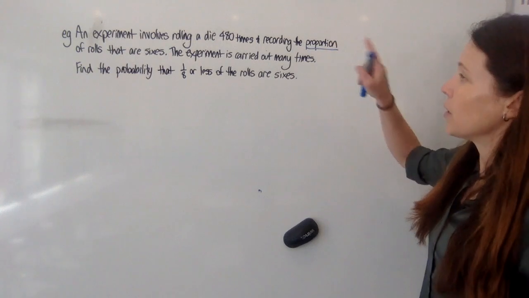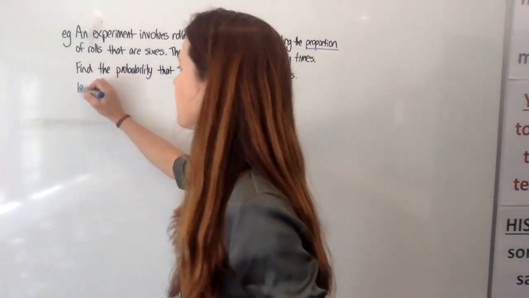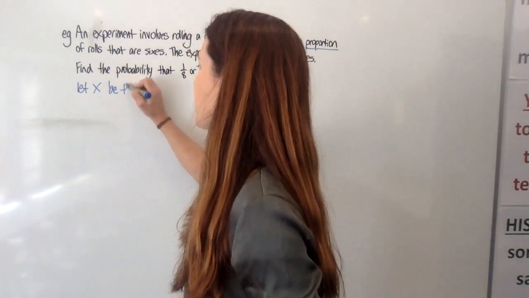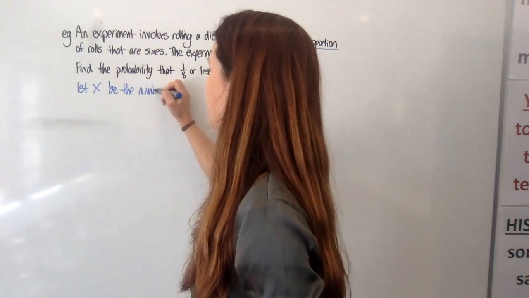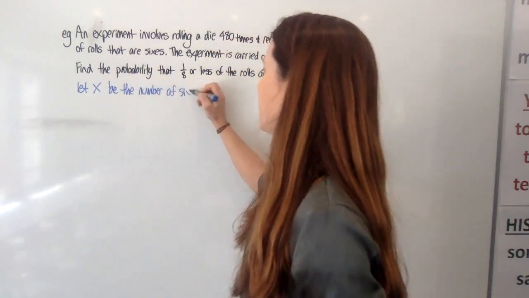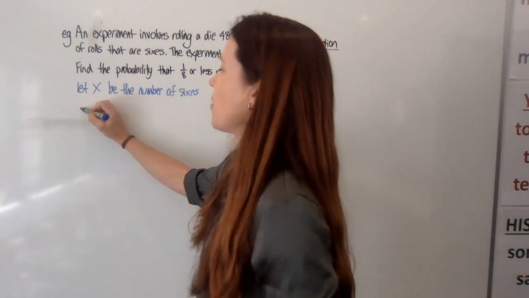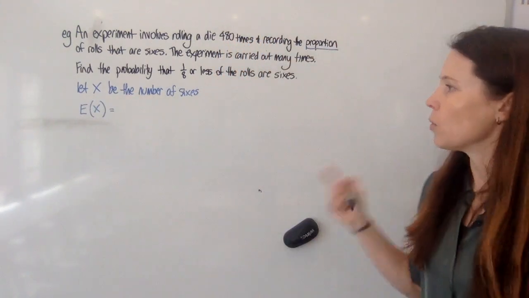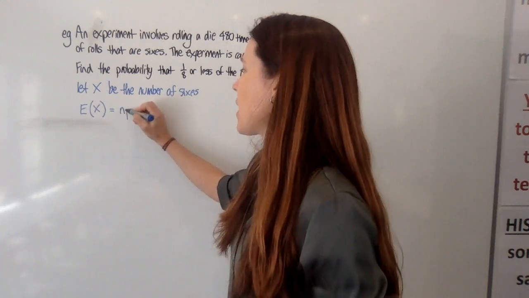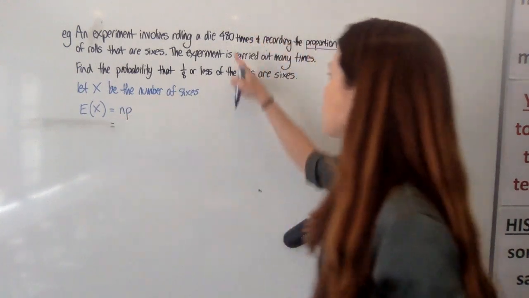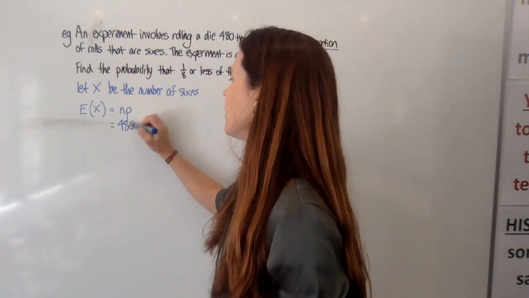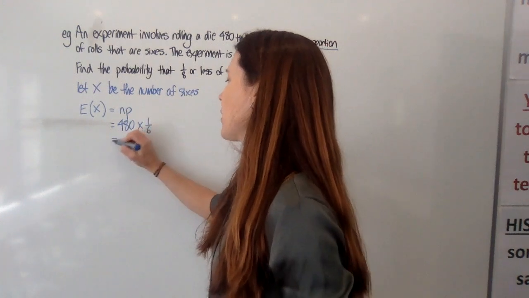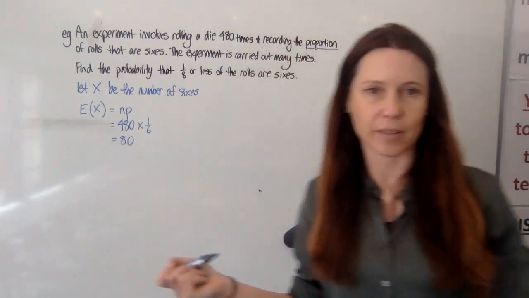Okay, so if we're letting x be the number of sixes, then the expected value of x, what are we expecting? Well, we find that by saying it's just n times p. So that's just 480 times 1/6. We're expecting 80 sixes.